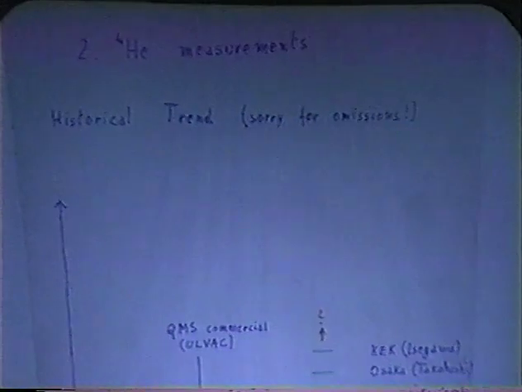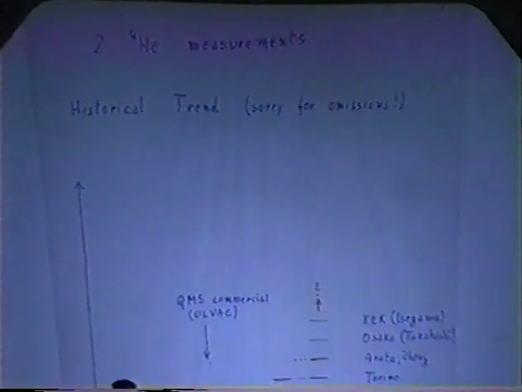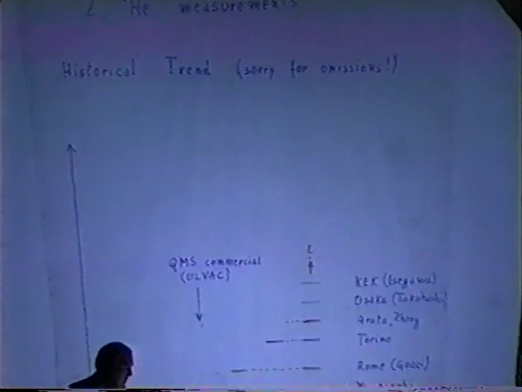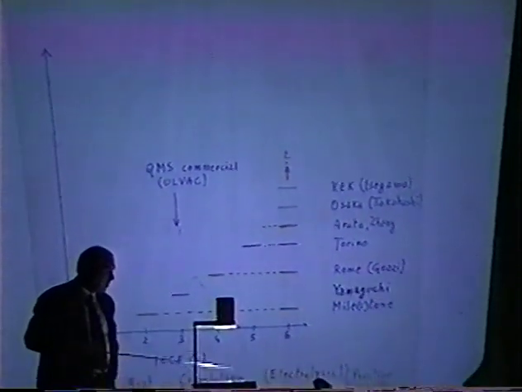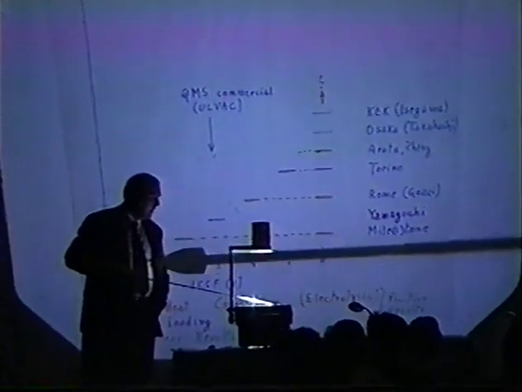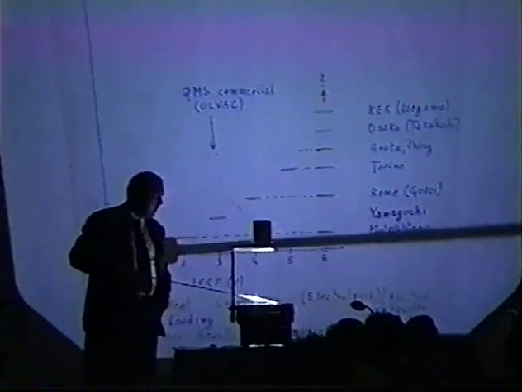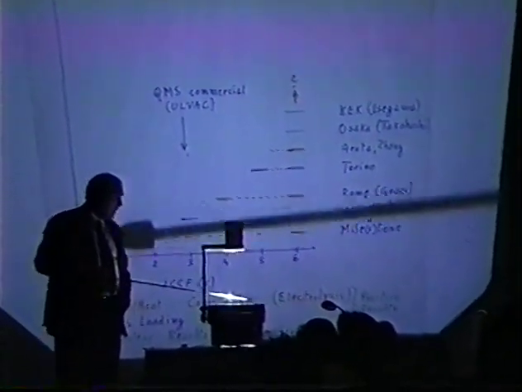I put on the abscissa the time, as measured by the different international conferences on cold fusion, starting from March 89. The average time between one conference and the next is 11.5 months.